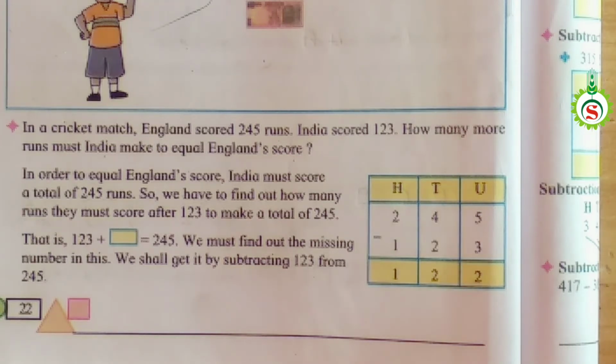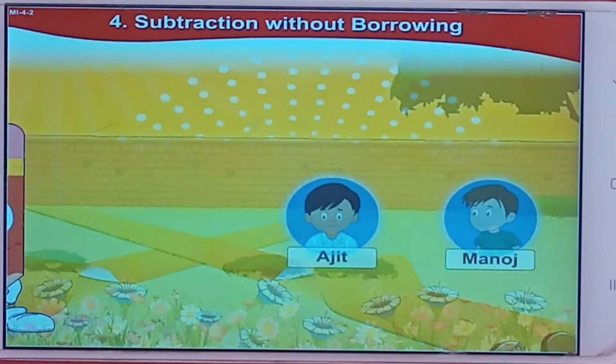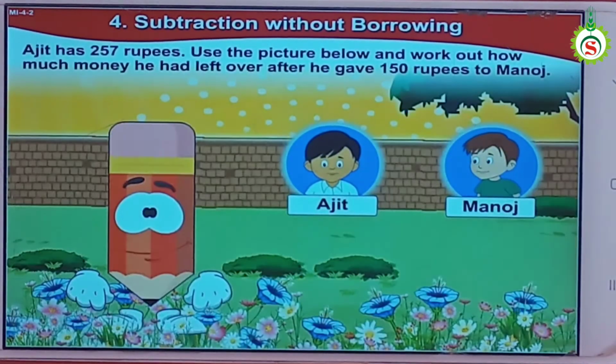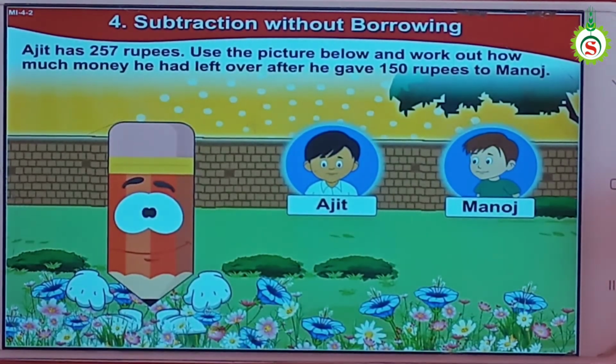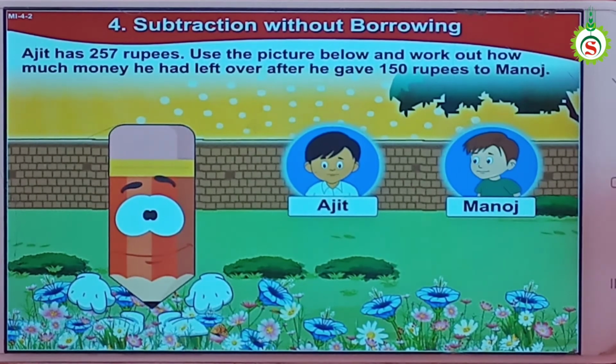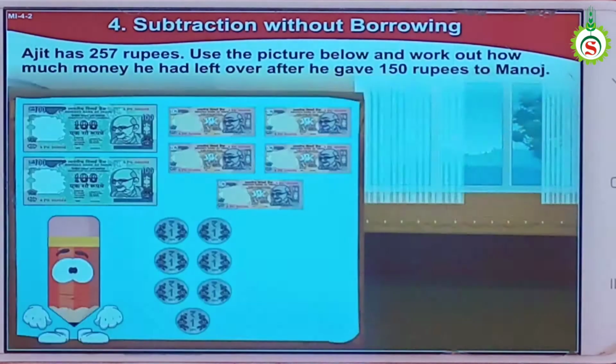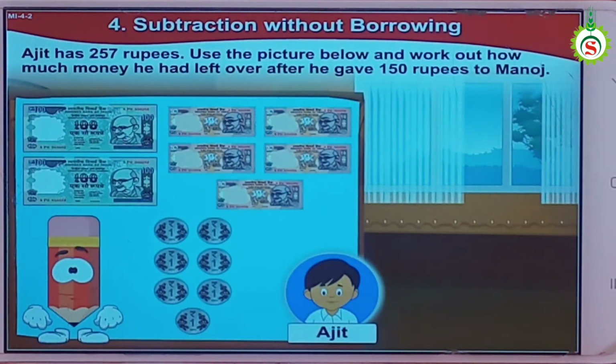So students, let us see this topic again on the digital board. Ajit has 257 rupees. Use the picture below and work out how much money he had left over after he gave 150 rupees to Manoj. Here is Ajit. He has 257 rupees.